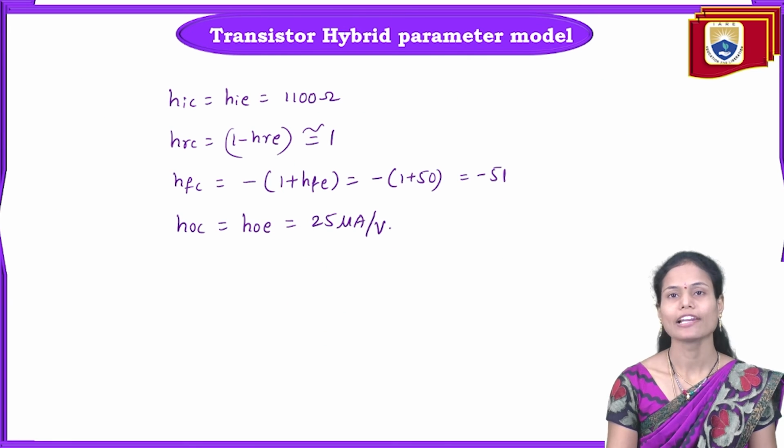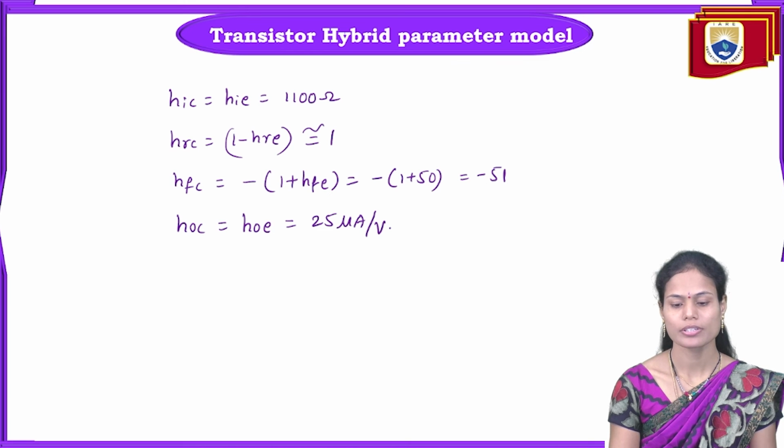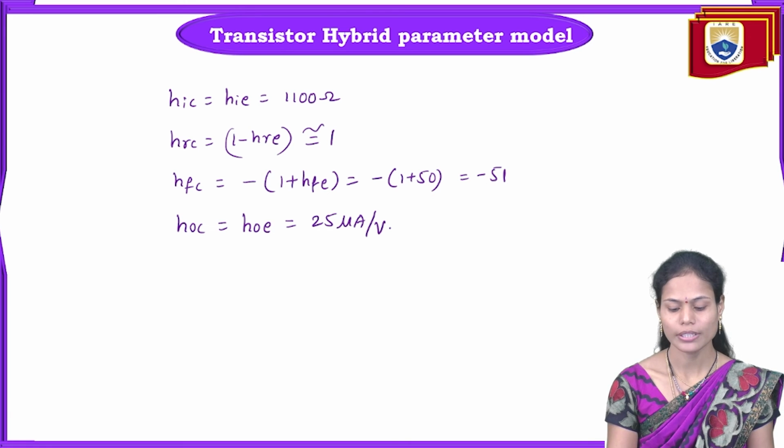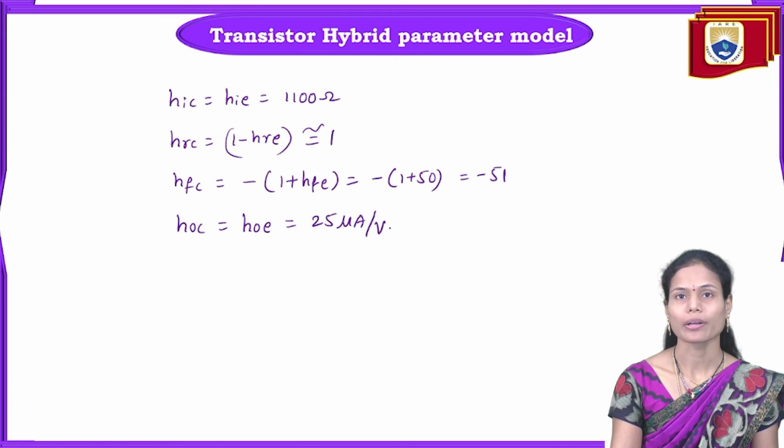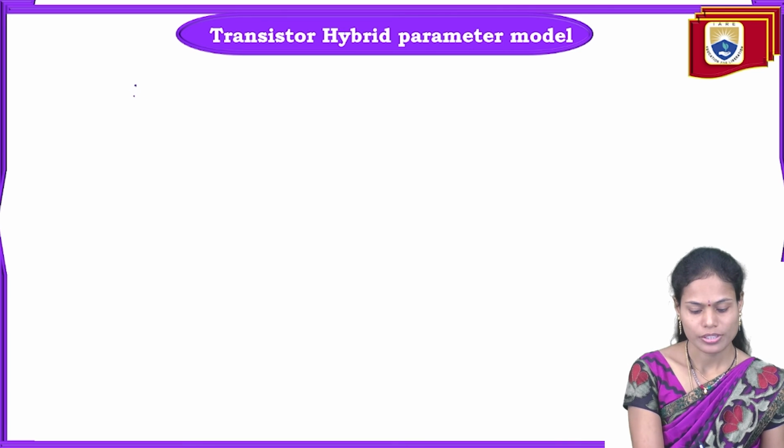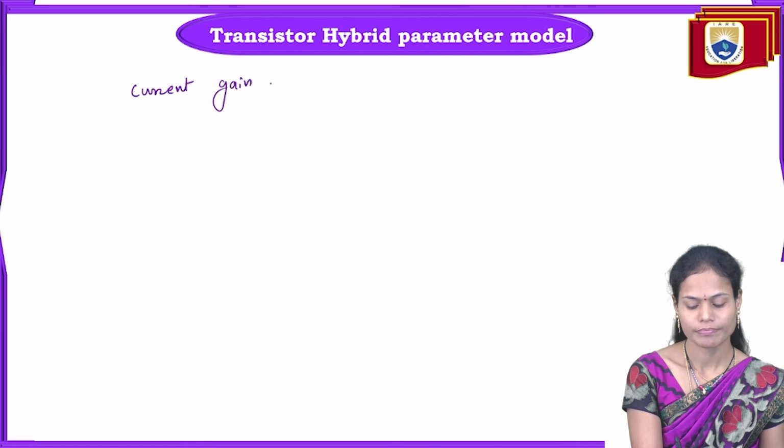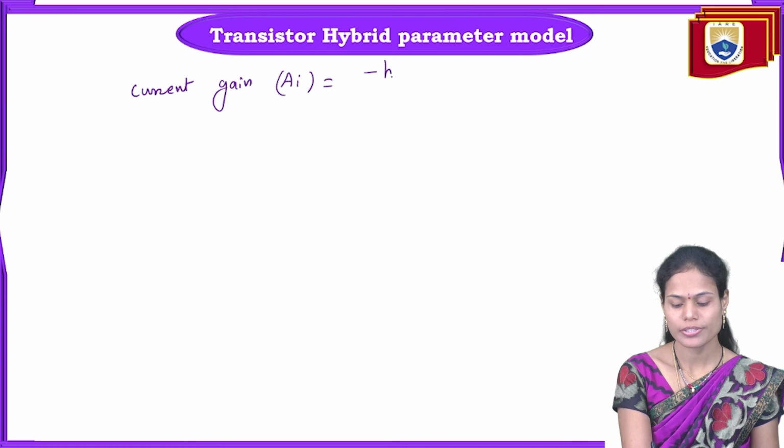Now we will calculate the asked parameters from the given H parameters. The first thing to calculate is the current gain AI, which is equal to minus HFC by 1 plus HOC into RL.